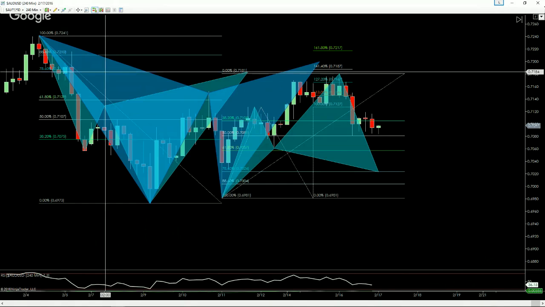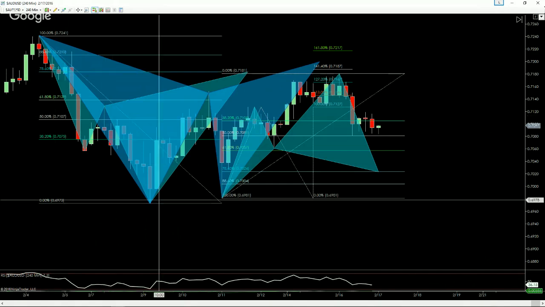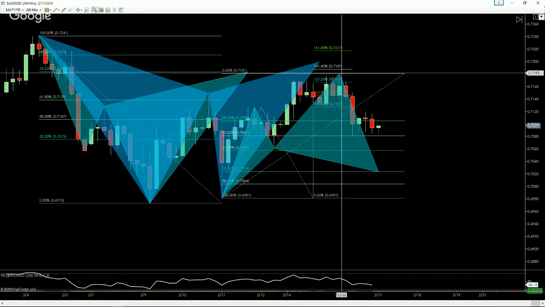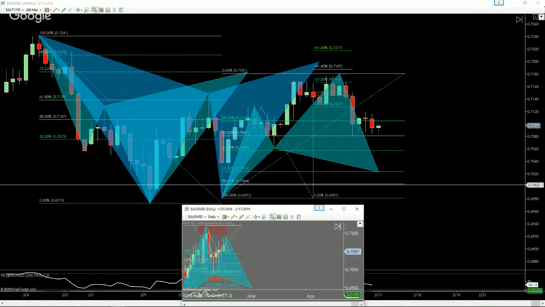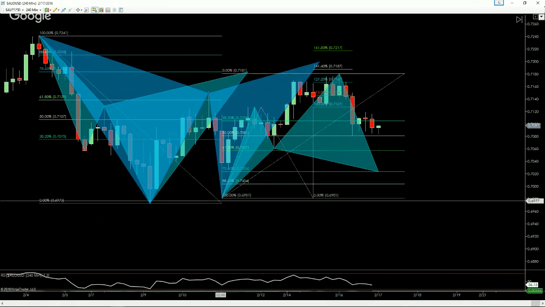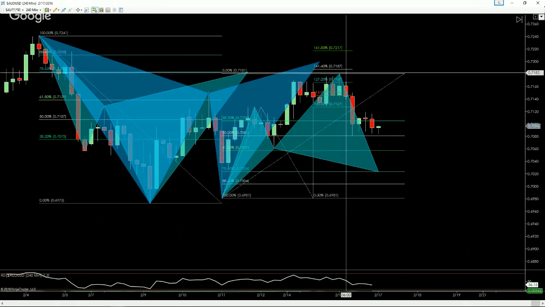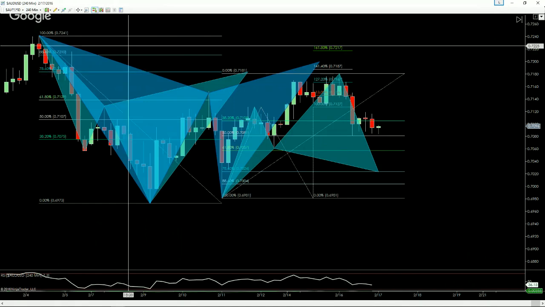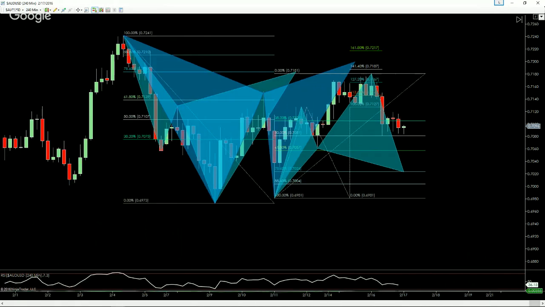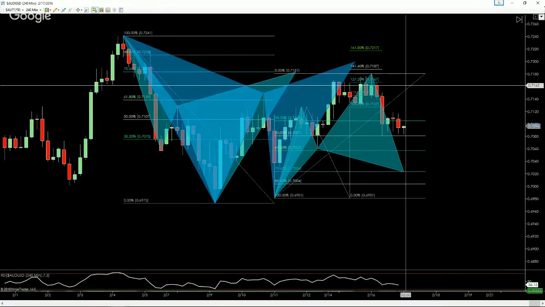However, you would have to change your B leg to be right around here if it goes below this low right here. Sorry about that. If that happens, that would give you a better entry because it will be a lot closer to your X level, giving you a lower risk for that trade.